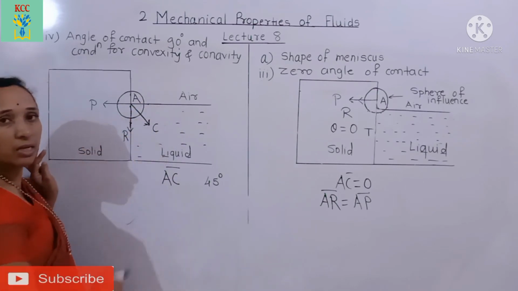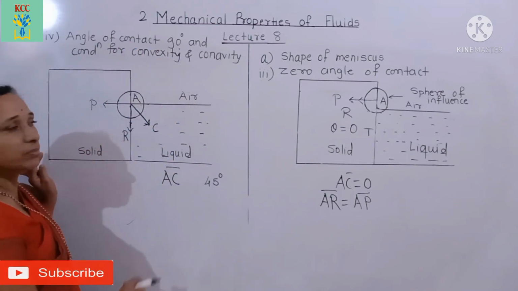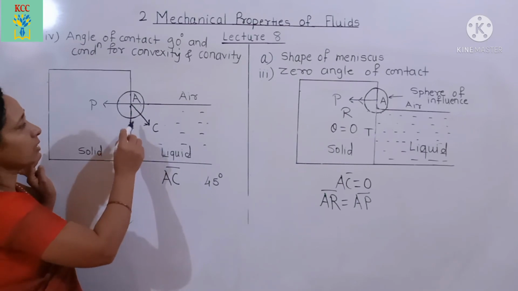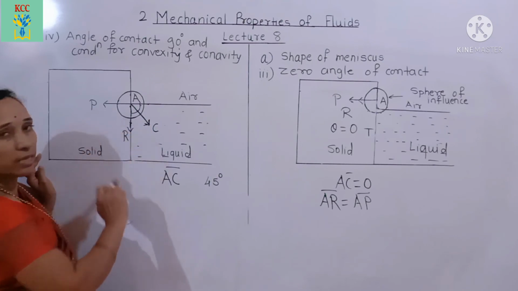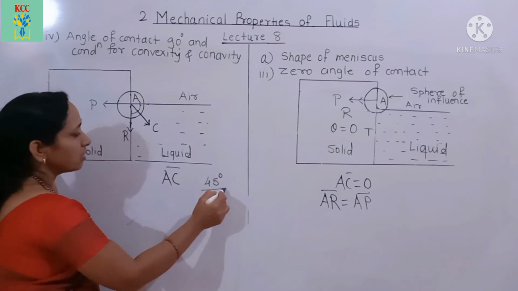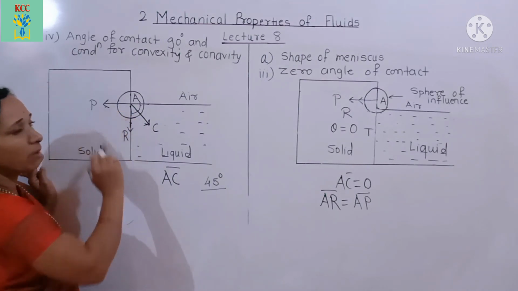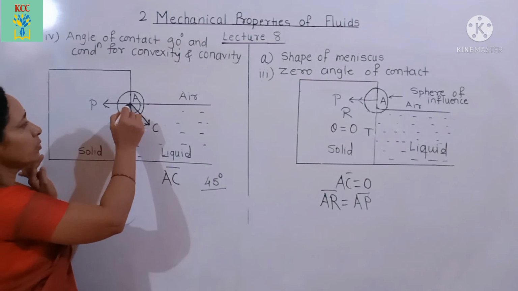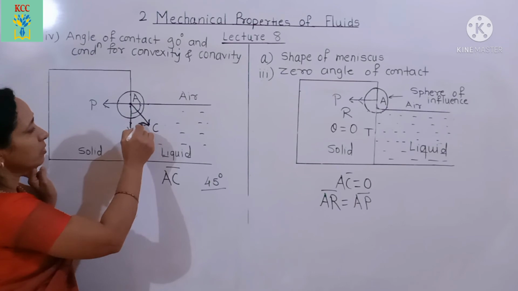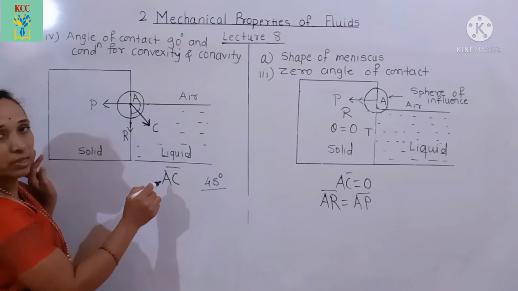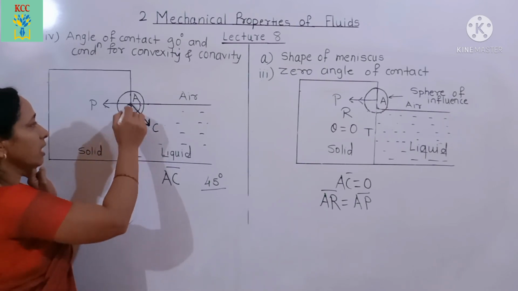This angle is 45 degrees. And the angle of contact becomes 90 degrees, this angle is 90 degrees, this is a tangent, and due to this AC bar makes 45 degrees. This is the adhesive force AP bar acting on this molecule, and due to the 45 degree angle which AC bar makes, the resultant force acts along this, that is AR bar.